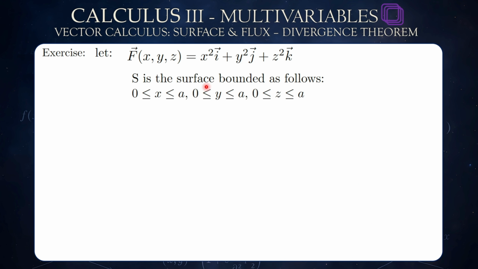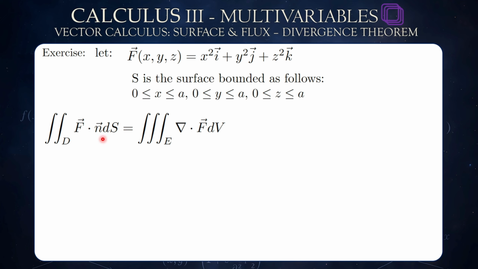Exercise: let F(x, y, z) be equal to x squared i plus y squared j plus z squared k. S is the surface bounded as follows: x is between 0 and a, y between 0 and a, and z between 0 and a.